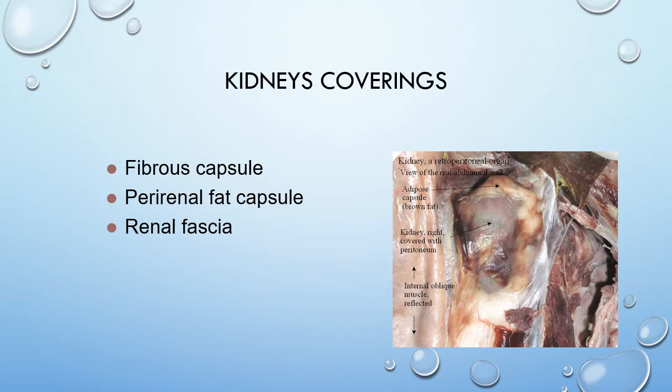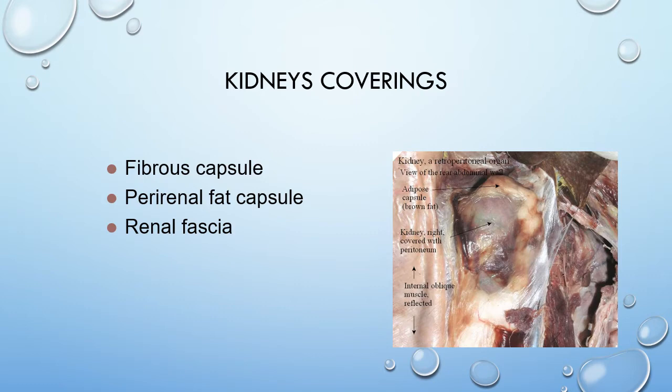The capsule itself is really difficult to cut through. It feels like a hard rubber ball. And that covering will protect it from injury. That's one way. That's still not enough.